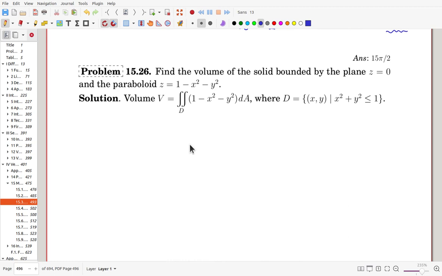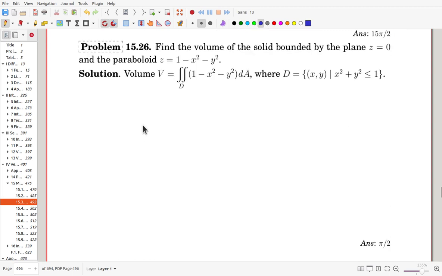Find the volume of the solid bounded by the plane z equals 0 and the paraboloid z equals 1 minus x squared minus y squared. Let's try to visualize the solid and try to get the volume.